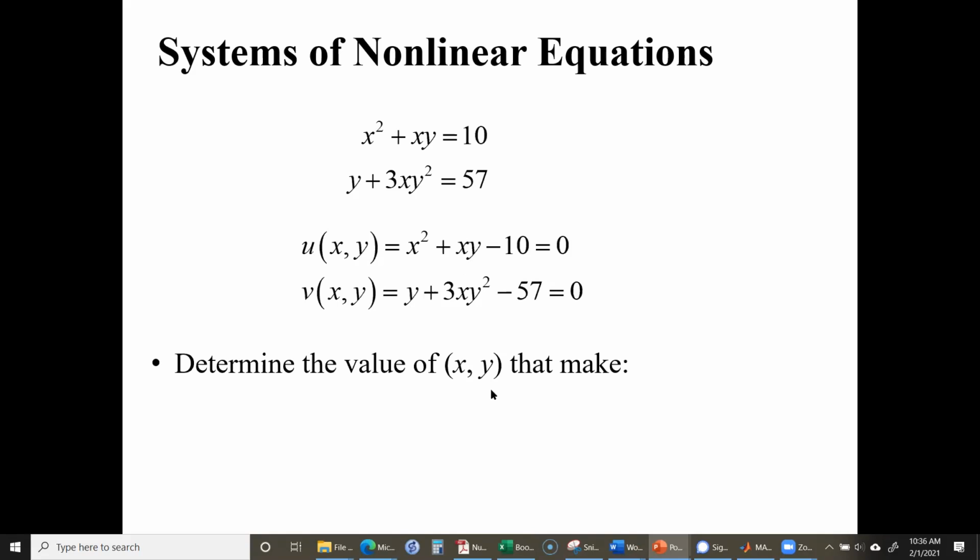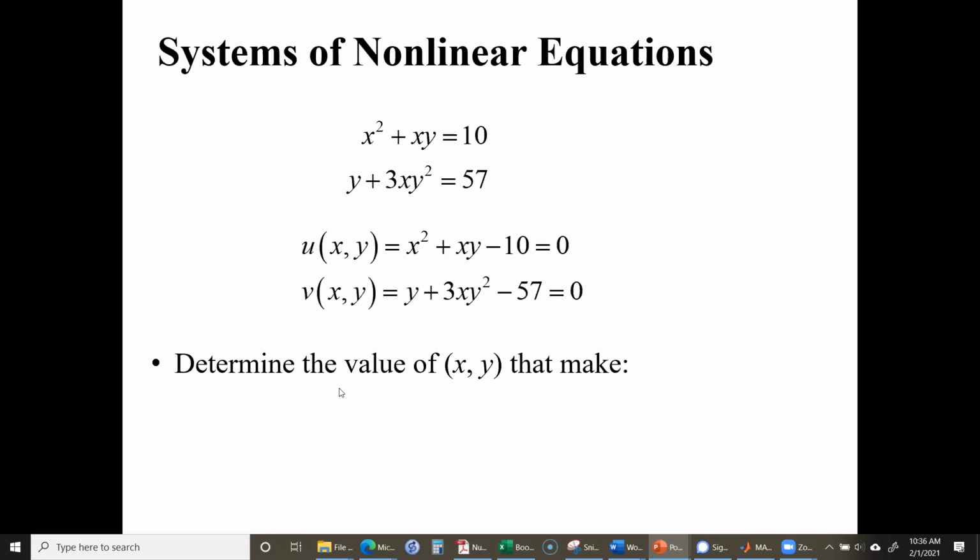Just as we do in simultaneous linear equations, we can also find the solutions. However, in simultaneous linear equations, we have some analytical methods, and we can find exact, analytical solutions. But here, unfortunately, we don't have analytical solutions, so we need to find their numerical solutions.